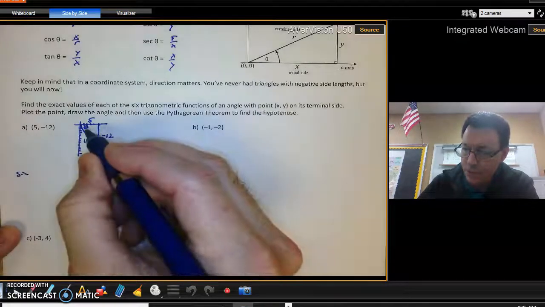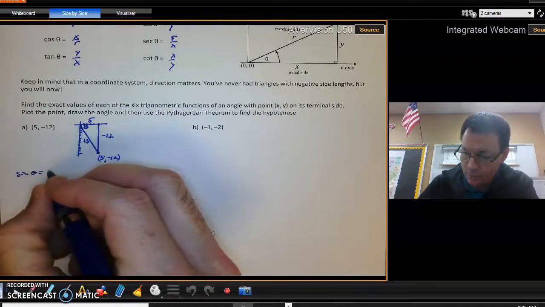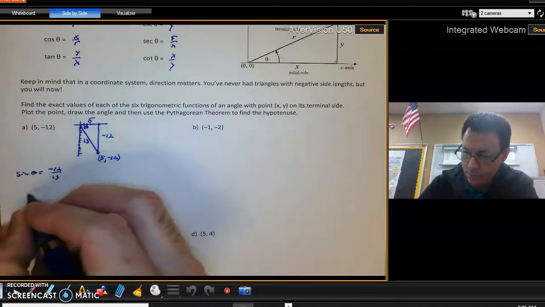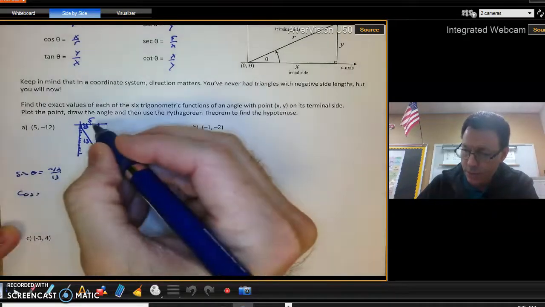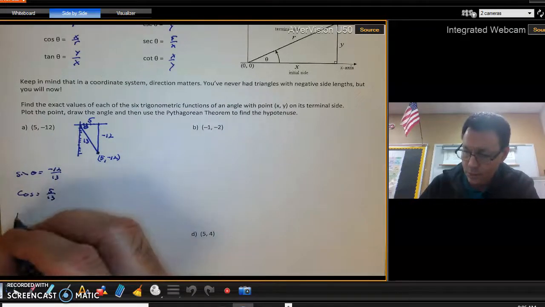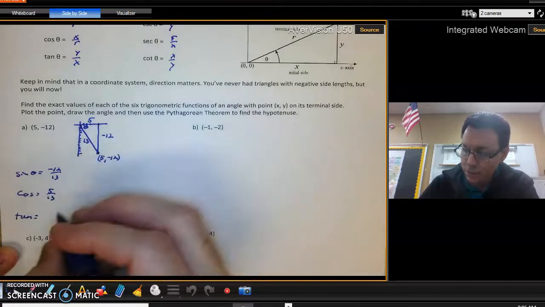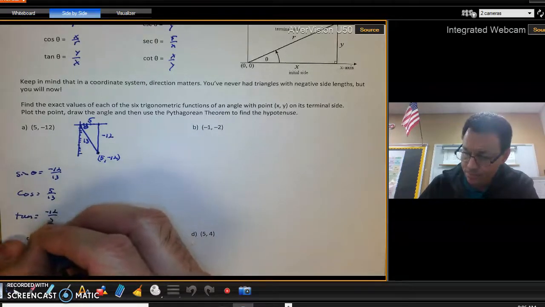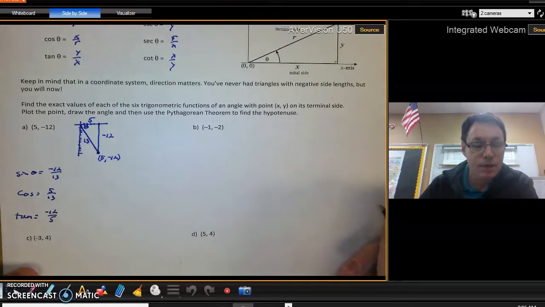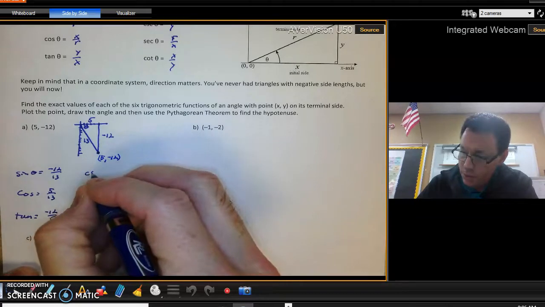All right, here we go. Sine is going to be negative 12 over 13. Cosine is going to be 5 over 13. And the tangent is going to be negative 12 over 5. Once we know those, we know the cosecant.